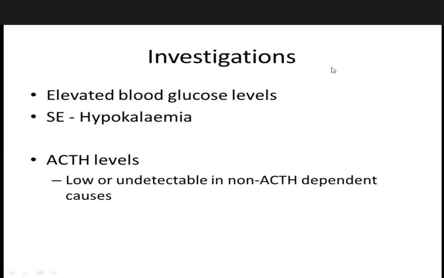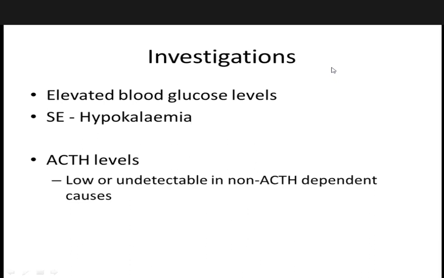When you examine these patients, they will have clinical features you learned from your second MBBS days, like moon facies and central obesity, purple striae, and you check for buffalo hump. So the clinical features will be there.